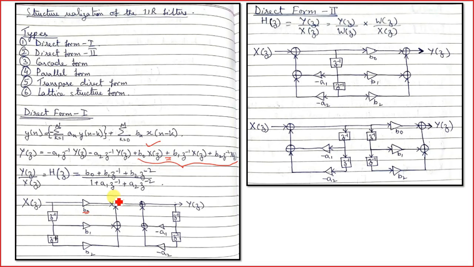Then we can see that the input is delayed by 1 unit. So we will be delaying the input by 1 unit, and then that is being multiplied with the term b1, and it is getting added up with the b0 component. Okay, so see, it is going to the adder and being added to the b0 component.